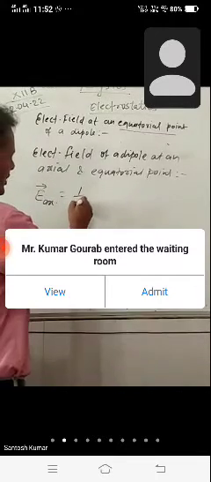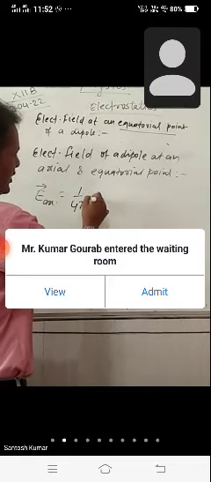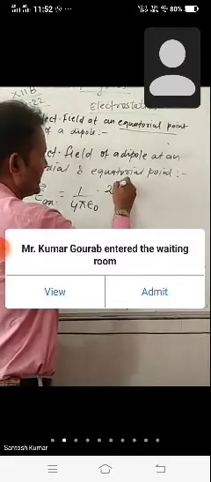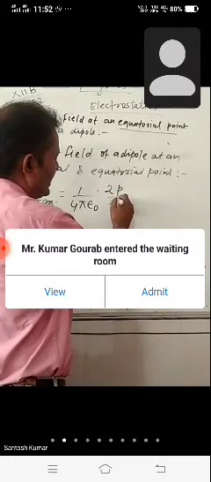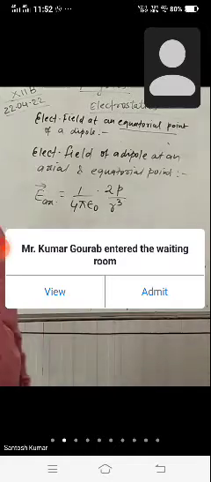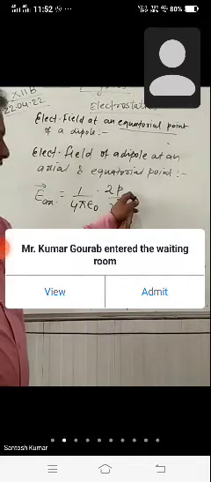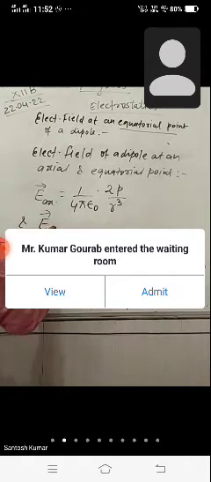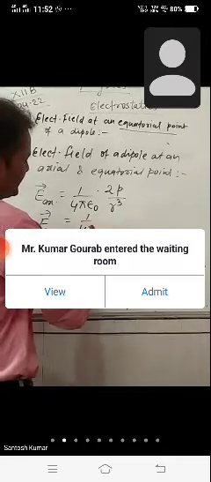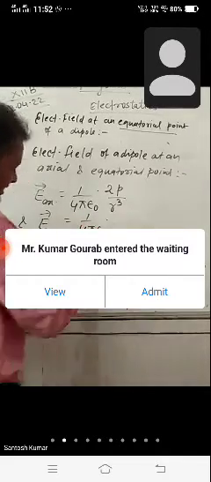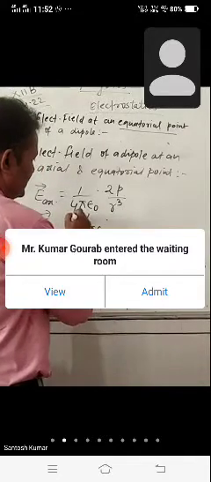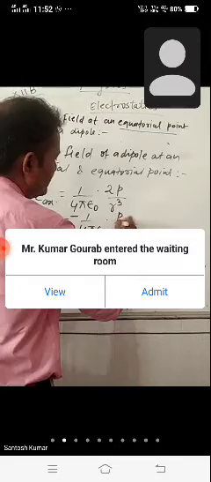Just see, we had obtained 4 pi epsilon naught, and we had written 2p by r cube. Just see the previous record. If you can write the unit vector, you can also write it. And E equatorial, we have obtained, is 1 by 4 pi epsilon naught, this will be minus p by r cube.